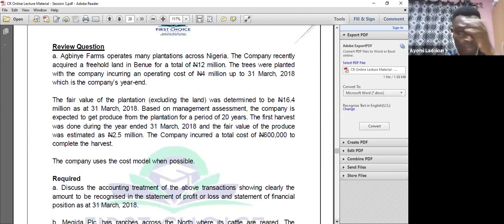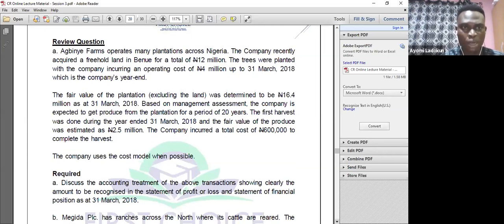Number one, it must be probable that future economic benefit related to the asset will flow to the entity. Number two, the cost or the fair value can be measured reliably. And the last one, the entity controls the asset. Once that is done, you are good to go to recognize your biological asset.